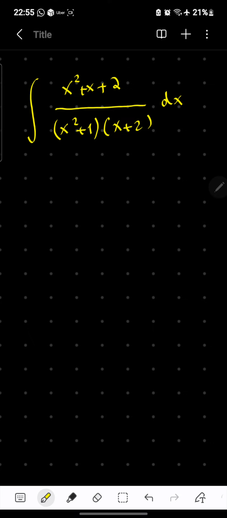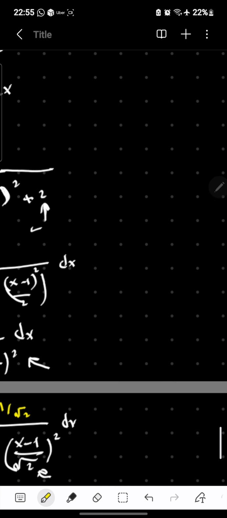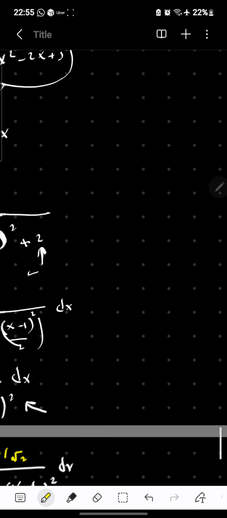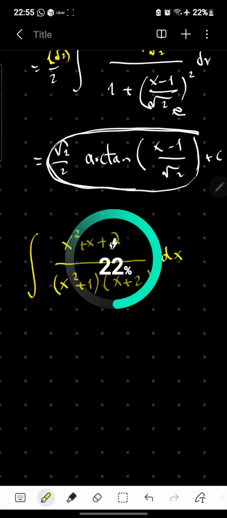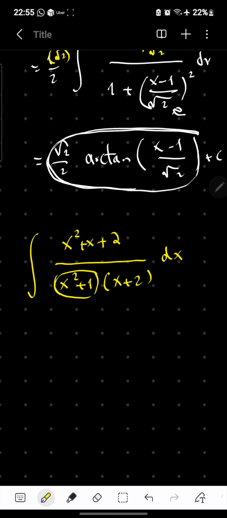Let's go back to slide 86, and now we have a new one, a new factor of second degree, which is x squared plus 1, and we cannot factorize this factor. We already have the denominator in its simplest form. What should we do in this example?